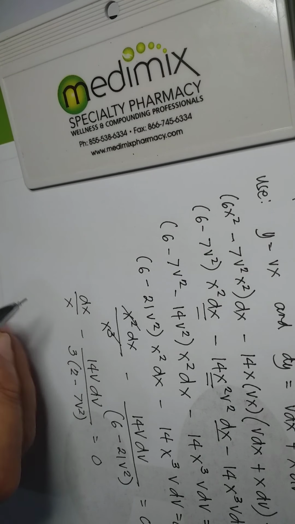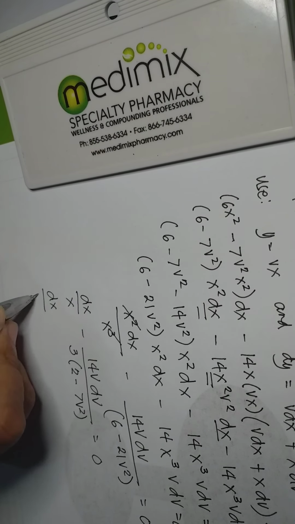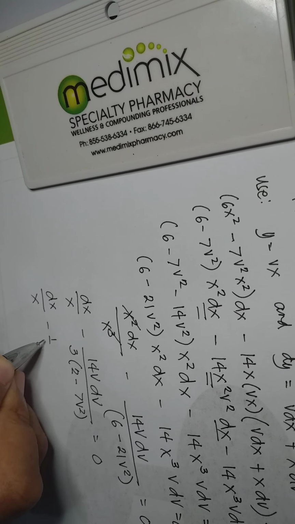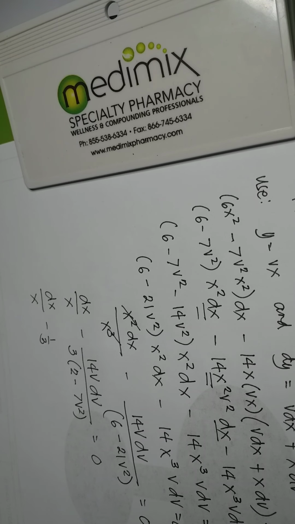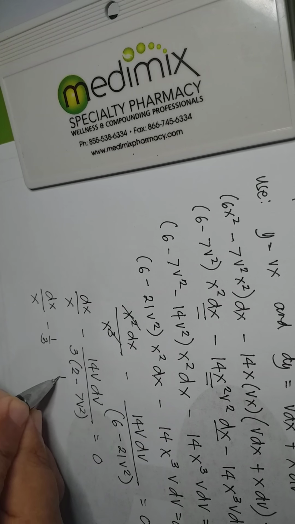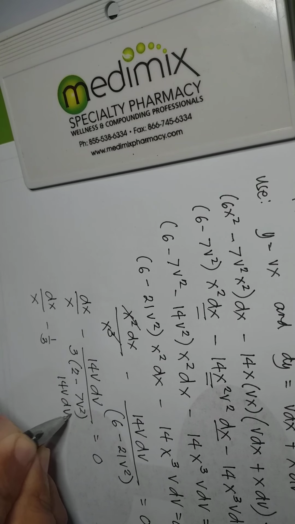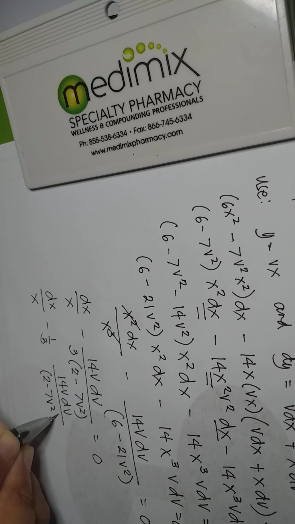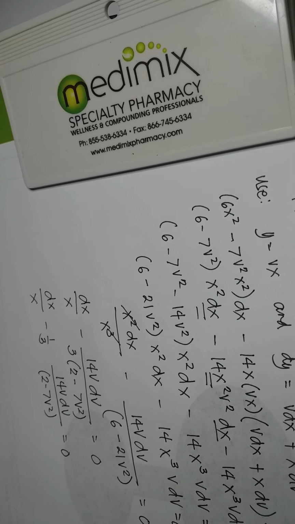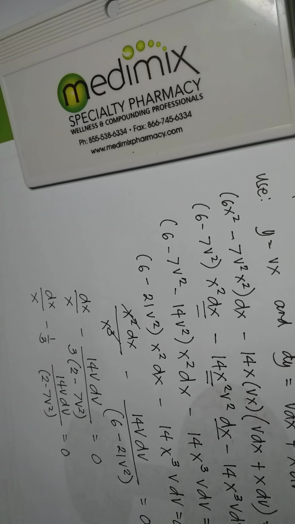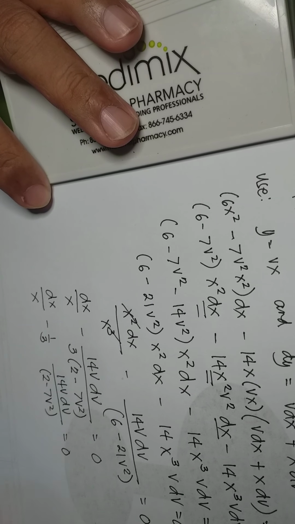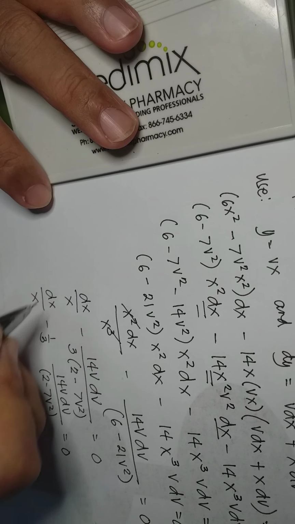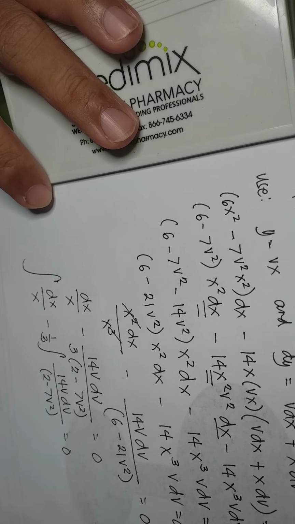Okay? So we have dx over x minus 1/3 of 14v dv over 2 minus 7v squared is equal to 0. Simplifying this further, now if you're going to integrate, we have du over u.